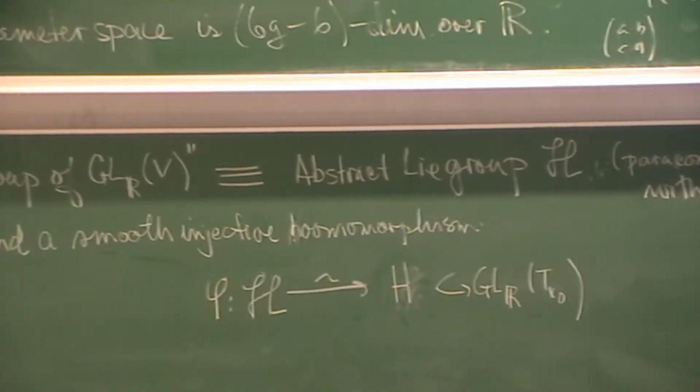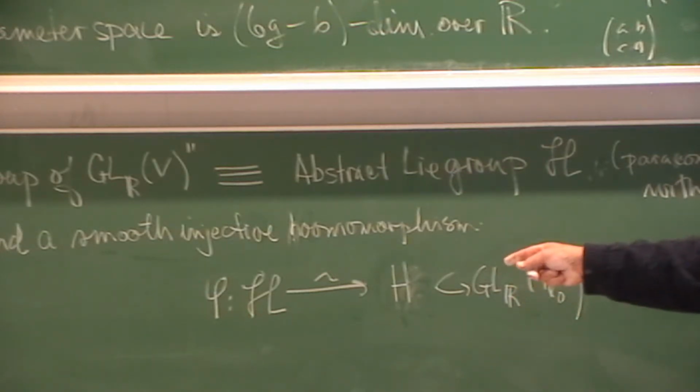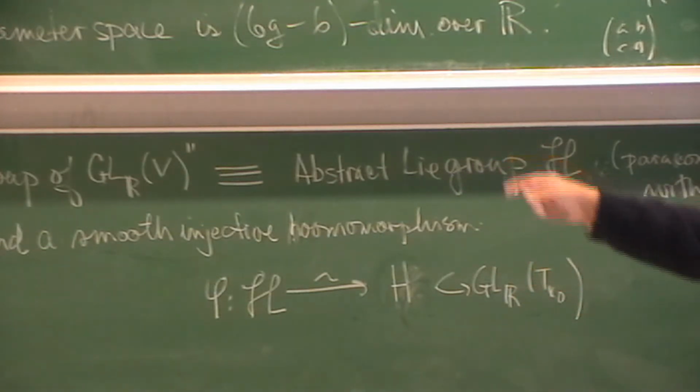You know all about this because when you were a child, you took a torus, and you took the standard thing, and then you took your rational angle, and you took this thing that's everywhere dense. This thing that's everywhere dense is a trivial abstract Lie group. It's the Lie group R with addition. But the immersion that embeds it is also an injective homomorphism. It's easy to define. This is what a Lie subgroup of GL(n,R) is.